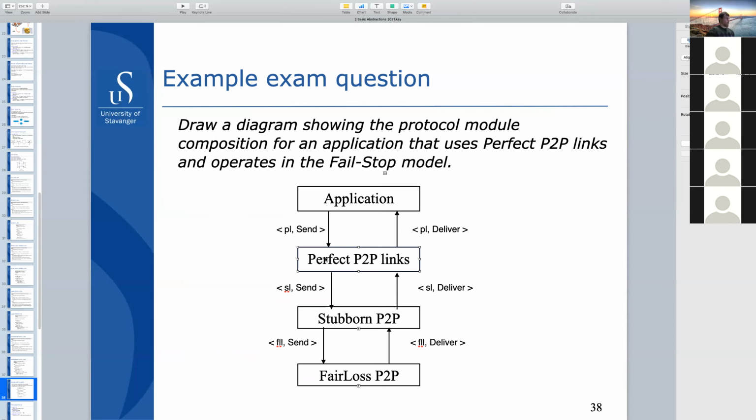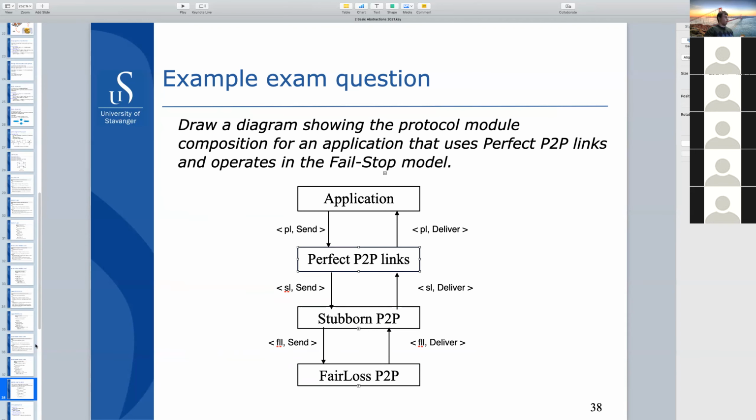So these algorithms, the perfect P2P links, the stubborn P2P, and the fair loss P2P, are all only considering that a process is either running correctly or it's crashed and it will never come back.